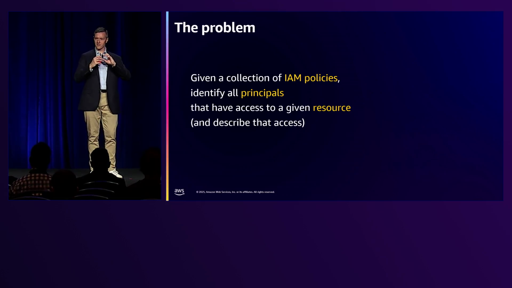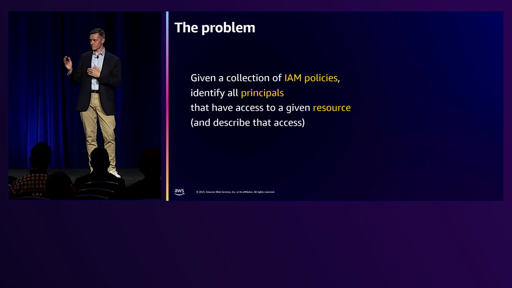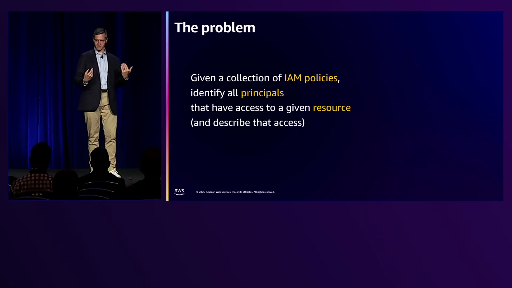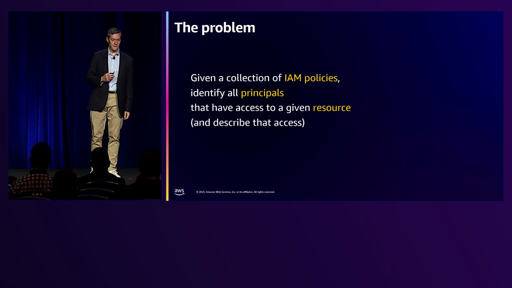Because with internal analysis, in order to definitively tell you, Sophia has access to my RDS database, in order to make that determination, I have to not only look at the principal policy that applies to her, I might have to look at a resource policy, I might have to look at permission boundaries, SCPs, RCPs, all these other things that come into the context.